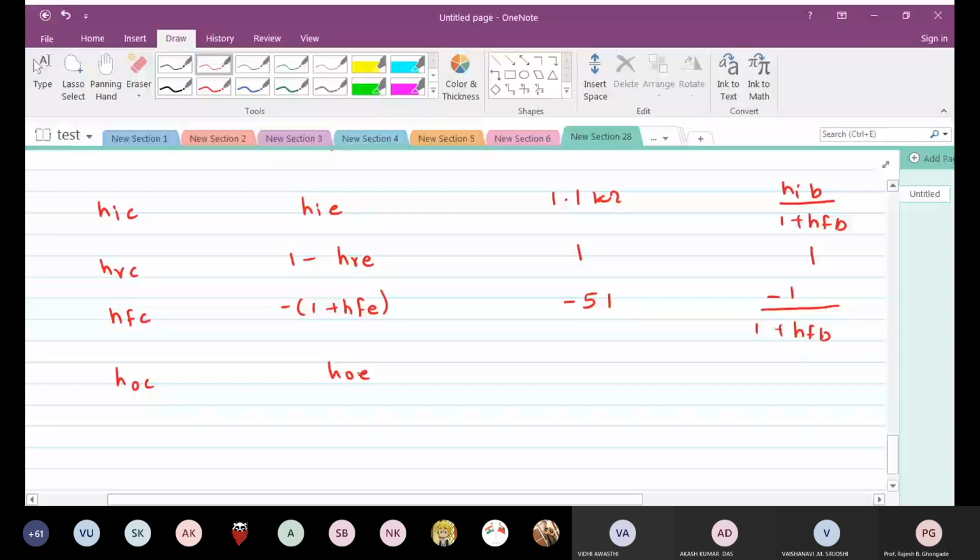The typical value is 25 microsiemens. And here we have HOB divided by 1 plus HFB. So with that we see the conversions that are possible.